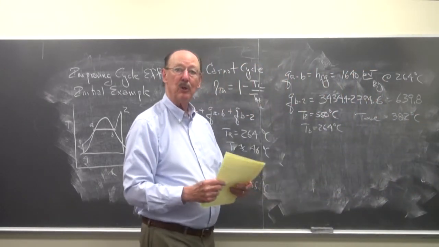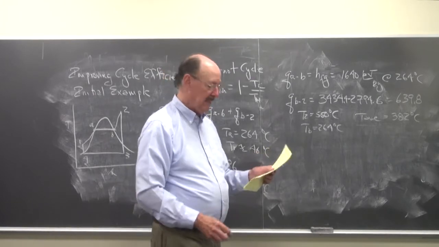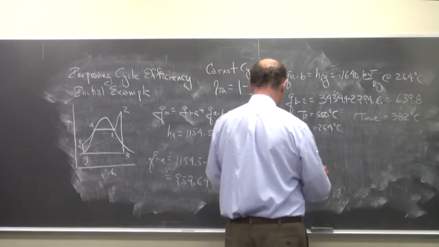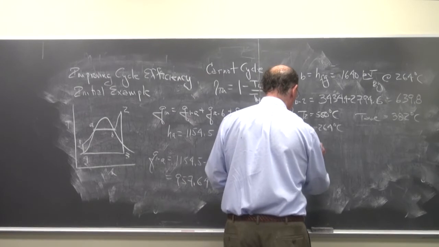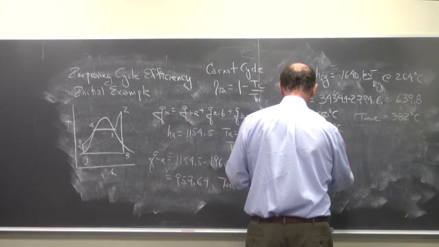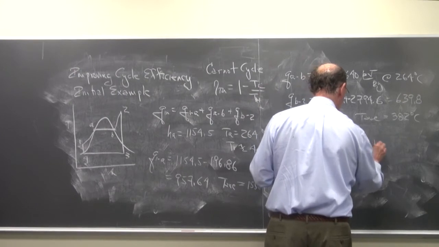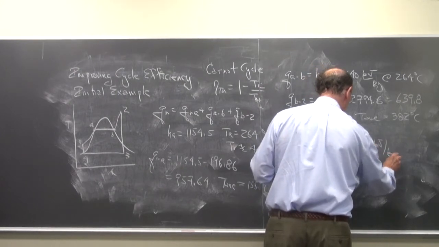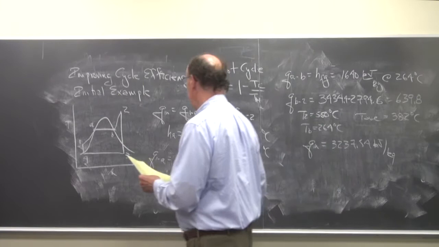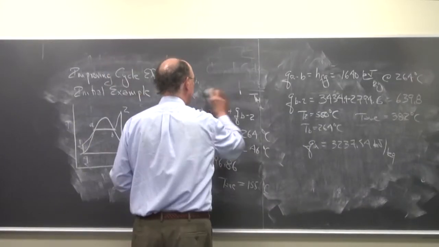So now I'll look at the percentage of heat of each one. And so we have the Qn total was 3237.54 kilojoules per kilogram. So now we'll look at the percentage of heat added at each temperature range.